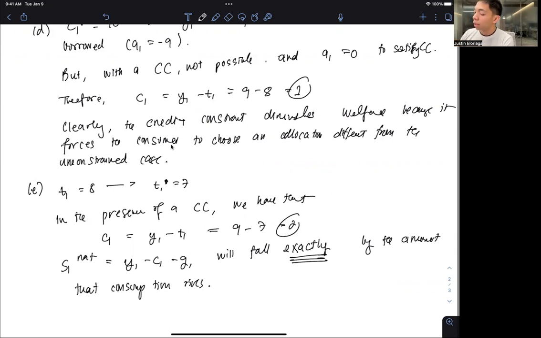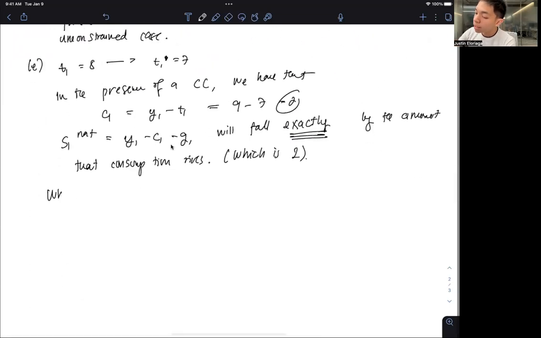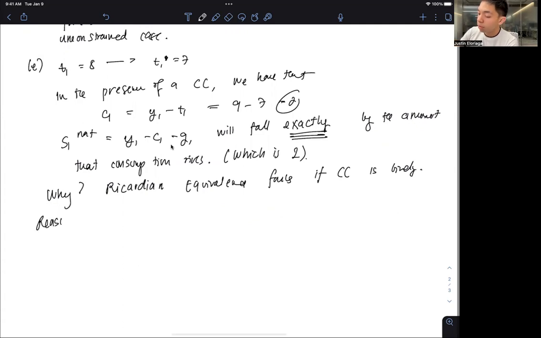And you might ask, why is this the case? Again, it's this Ricardian equivalence, particularly when it fails to hold. Ricardian equivalence fails if the credit constraint is binding. What's the reasoning for this?